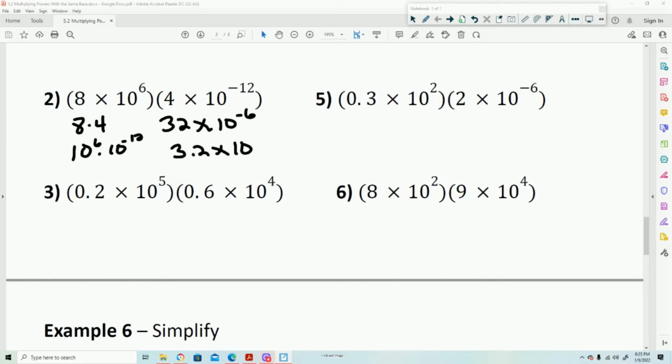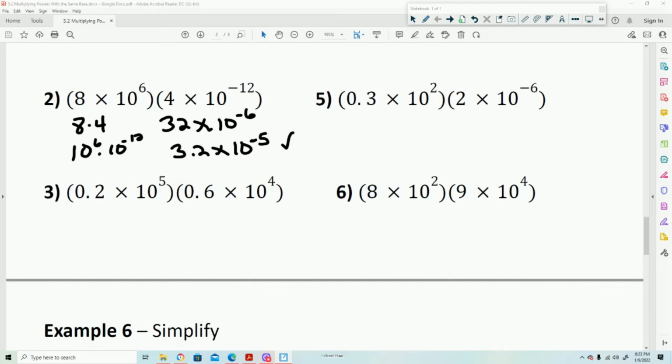So if I move it one way to make it smaller, I've got to make this one larger. So one larger would be -5. Okay? So 32 times 10 to the -6 is the same as 3.2 times 10 to the -5. Now this is okay because it's in scientific notation.